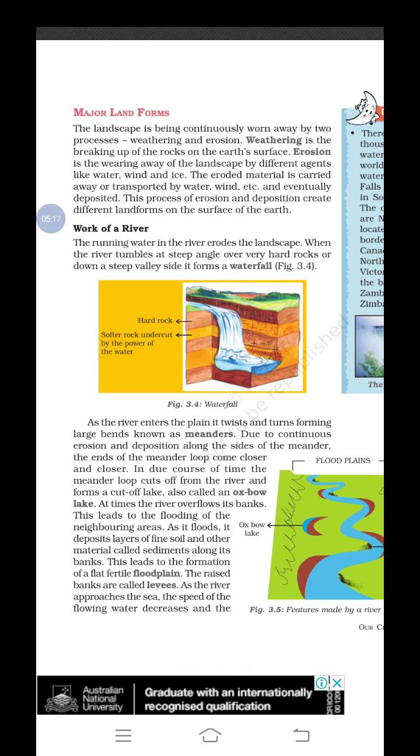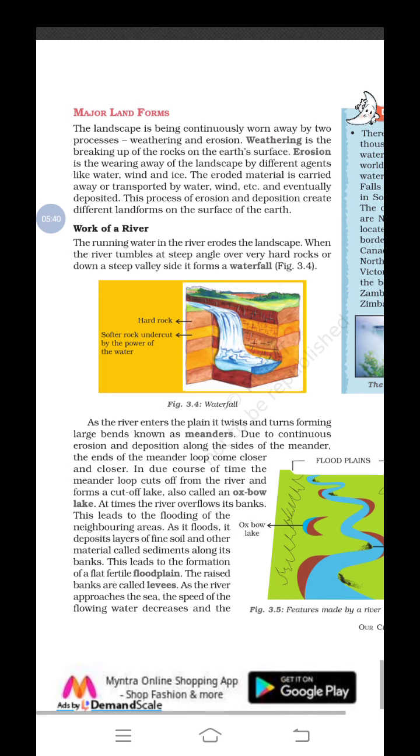Erosion is the wearing away of the landscape by different agents like water, wind and ice. When the rocks break up into small parts or a dust-like structure, the agents carry that broken material from one place to another and deposit it somewhere else.